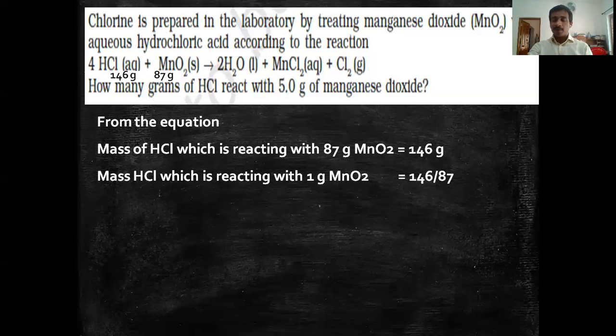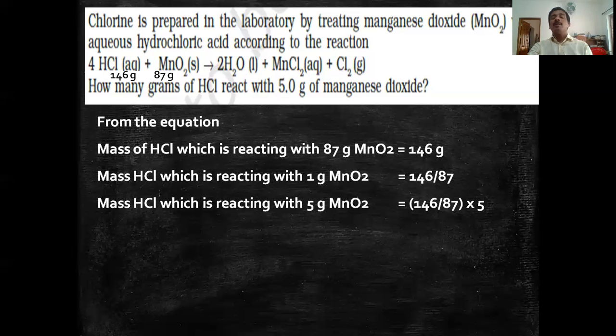If you know the mass of HCl for 1 gram MnO2, then what is the mass for 5 gram MnO2? Mass for 1 gram into 5. That is 146 divided by 87 into 5. What is the answer? 8.39 gram. Is it clear? Now you can solve some examples here. Homework for you.